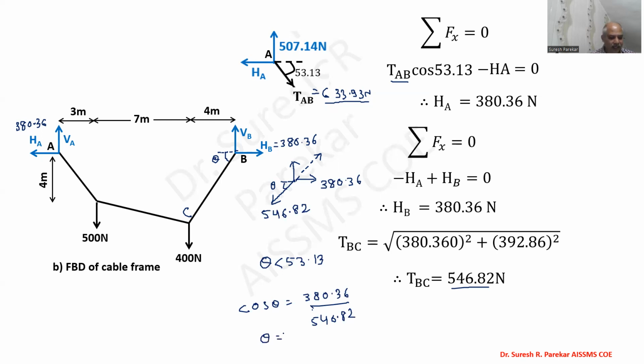On the calculator, 380.36 divided by 546.82, shift cos inverse, we get 45.93. Already mentioned, this should be less than, then only we will get greater tension in this cable, because that tension we have is 633.93. So automatically this angle should be greater than this angle. So likewise we have to solve the problem.